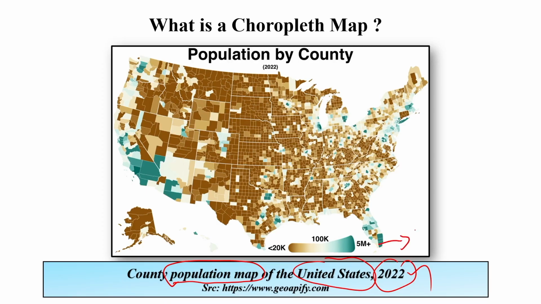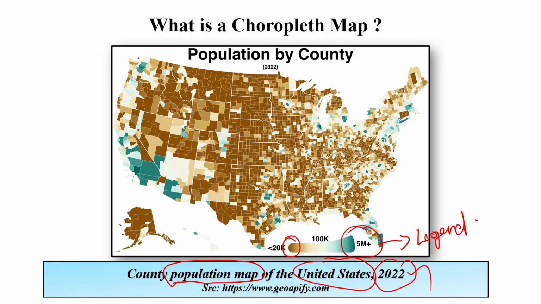Based on this legend we can infer what it is trying to say. The brown color patches represent a population of nearby 20,000, and the dark blue color patches represent a population near 5 million.